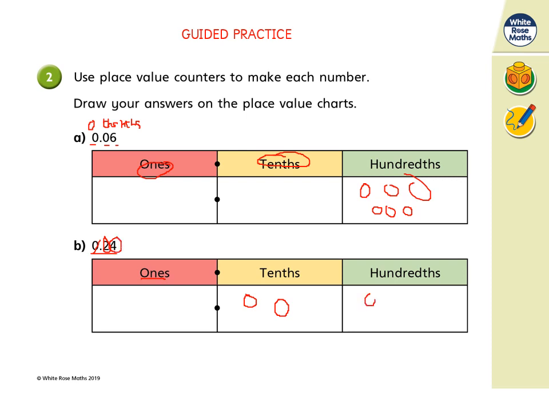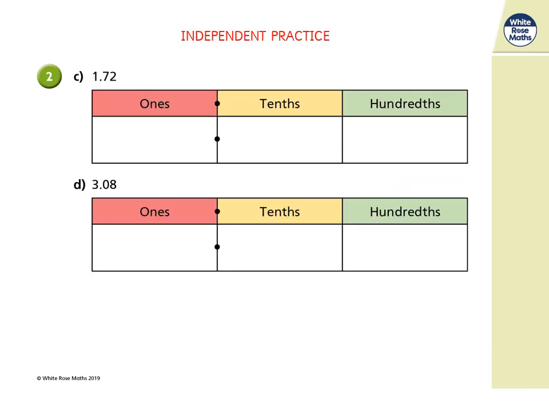So I'm going to go to my hundredths column and draw 4 counters. And now I've represented in my place value grid 0.24 because there aren't any ones, but it would be replaced with a placeholder. And that's why it's so important to use that. It would be 0.24. Now, can you have a go at your independent practice with 1.72 and 3.08? Good luck.